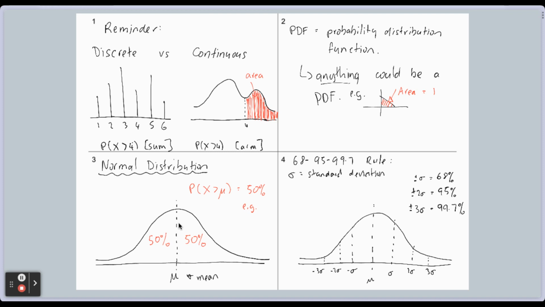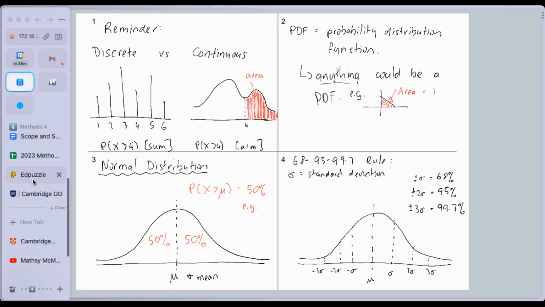So 10 minus 6 is 4, and 10 plus 2 plus 2 plus 2 is 16. That would mean 99.7% of the data would be between 4 and 16. That's how standard deviations work, right? It's how spread out the data is. The bigger the standard deviation, the bigger the spread of the data is. Am I making sense? Okay.